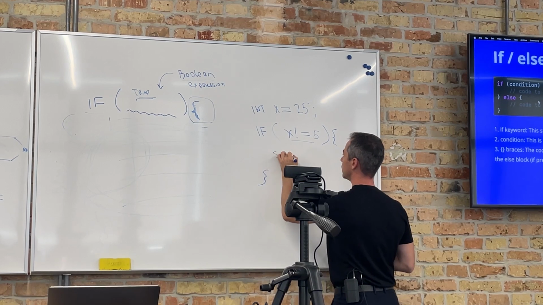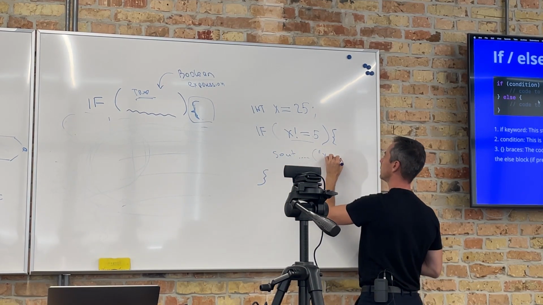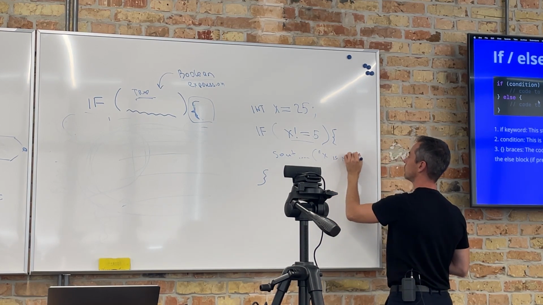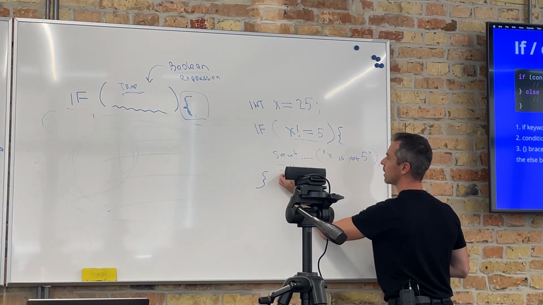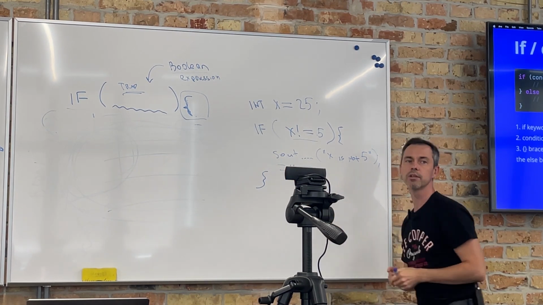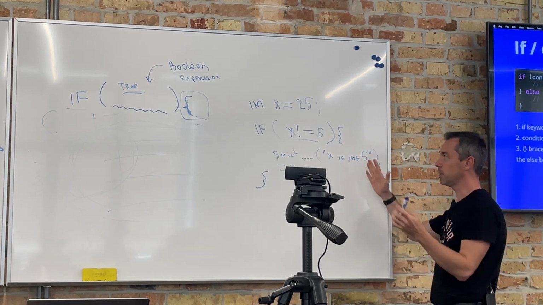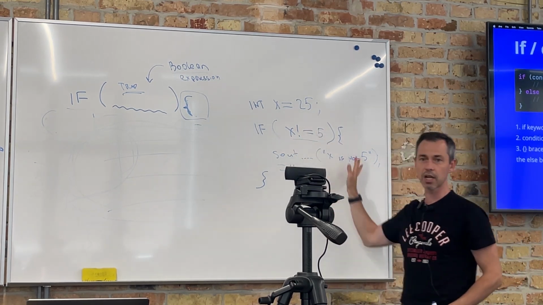So I could println x is not 5, for example. And I could add many other lines if I want regarding my logic of my programming. Okay, so if it is understandable. Next step, any questions regarding this?